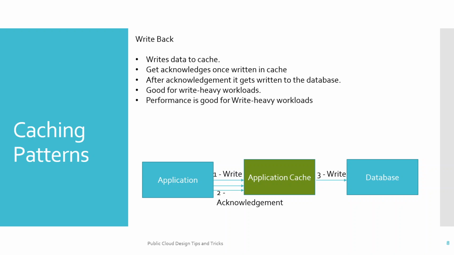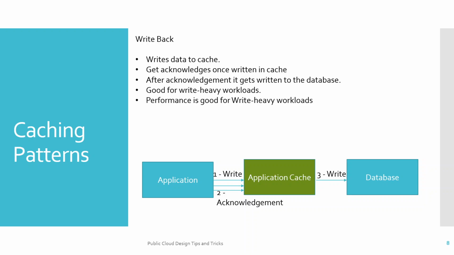Coming to write back. In the write back pattern, the consuming application tries to write data into the application cache. Once the data reaches the cache, it gets acknowledged to the consuming application, and after that acknowledgement happens, as the final step the application cache writes the data into the database.